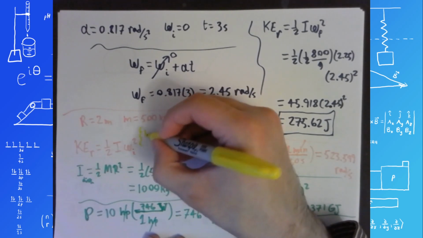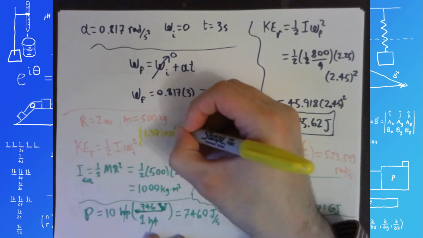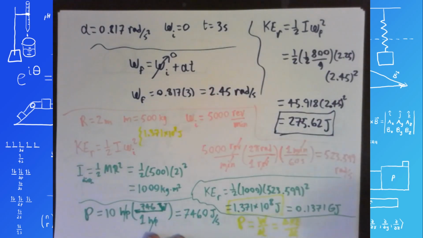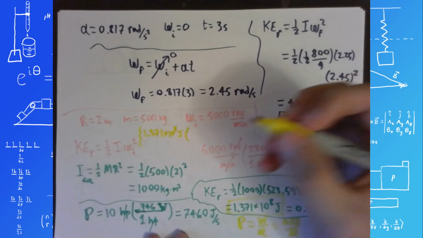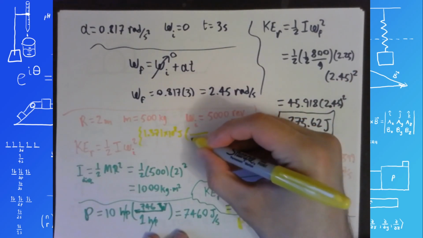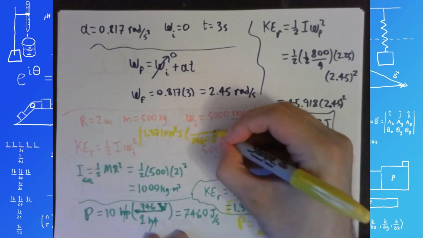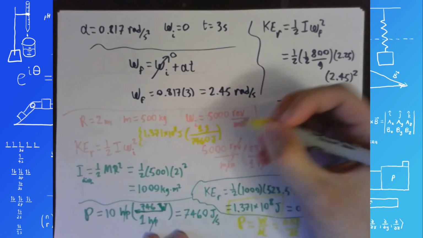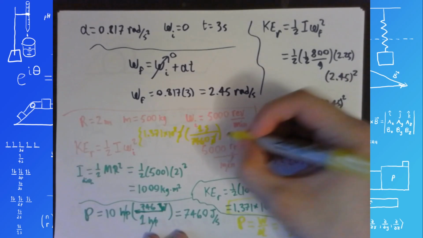We've got 1.371 times 10 to the 8 joules multiplied by, let's see, every 7460 joules is 1 second of energy consumption. So joules cancel out and you're left with seconds.